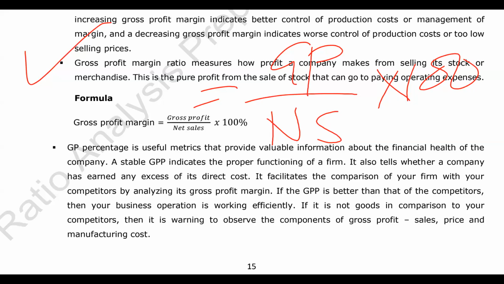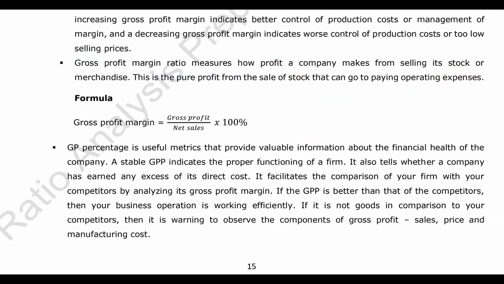So gross profit over net sales times 100. Then you compare, did it increase or did it reduce? This one measures the profitability of the company. How much profit you generated from the sales, like did the gross profit increase, of course, or did it reduce?